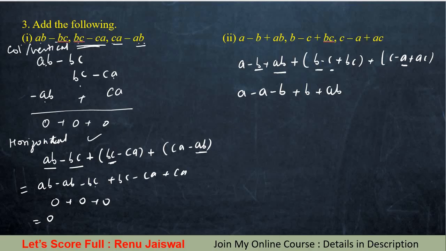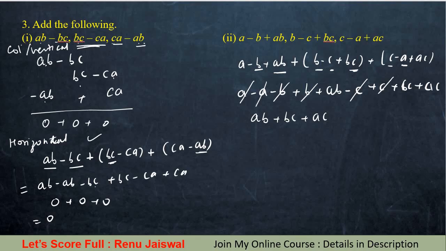Then I have minus C, search for another C, yes I have. Then I have BC, all the terms are written, then I have AC. Plus A minus A cancel, minus B plus B, minus C plus C. What is the answer? AB plus BC and then plus AC. Correct? So this is quite simple.